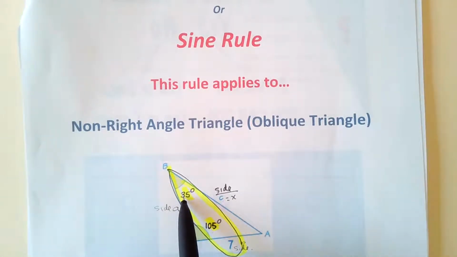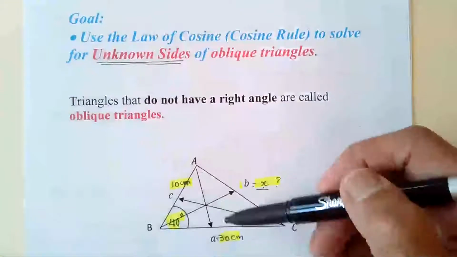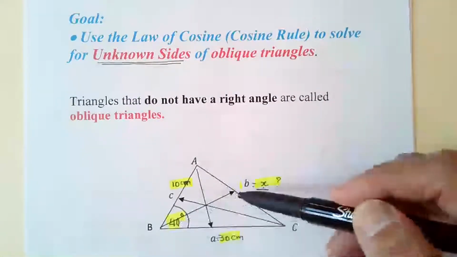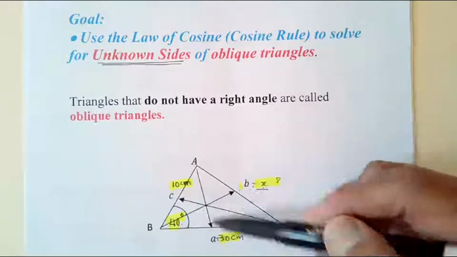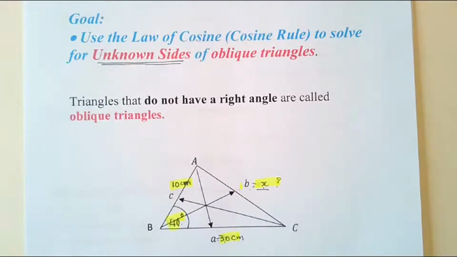For triangles that have an angle and its matching side, we can apply the sine rule. But when we don't have a matching pair, in other words, we have the side and not the angle, then we have to use the cosine rule.